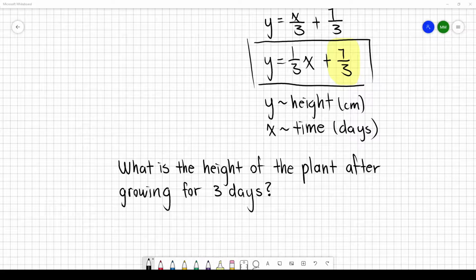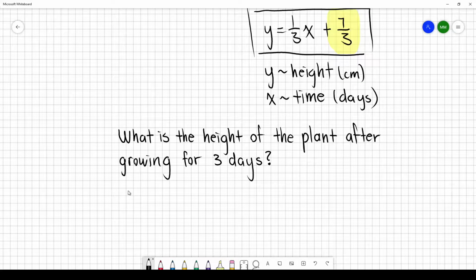Is that supposed to be 13 over 3? And I got an answer for Chloe, 10 over 3. So let me do it and see which one is right.